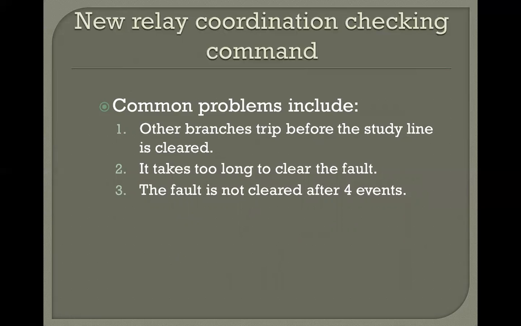Well, if everything is working properly, it shouldn't take more than 2 events to clear the line. You can open the breaker on one end and open it at the other end, and the fault should go away. So if it takes more than 4 events and the fault is still around, the program would just stop. And this is just a time-saving feature.